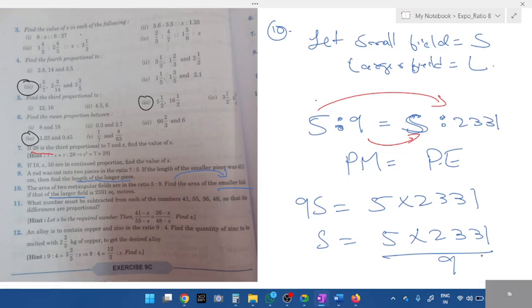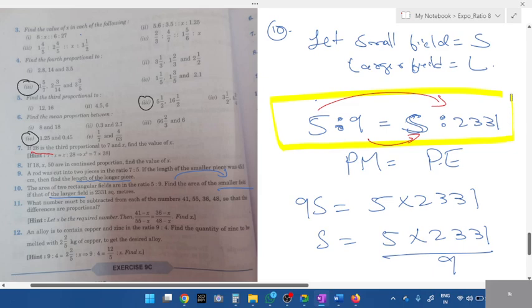Whoever has done this, try the 12th one. First complete this. Even the 12th one is of the same type. You should know how to write this equation, the yellow one. Completed.